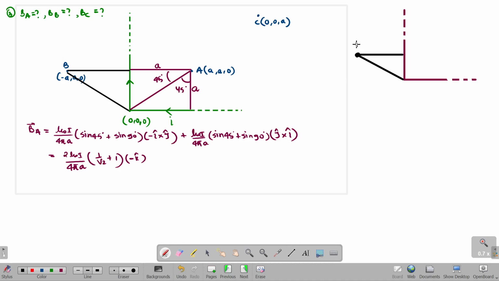For this wire it is semi-infinite, but for this wire we do not know. So how to do that? Tell me how to do that. One minute.